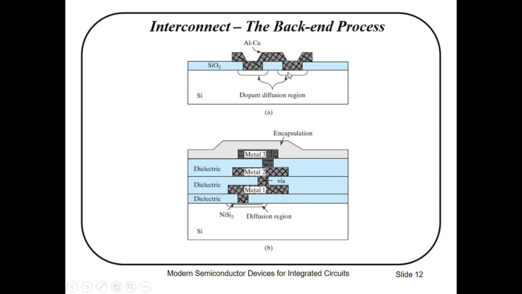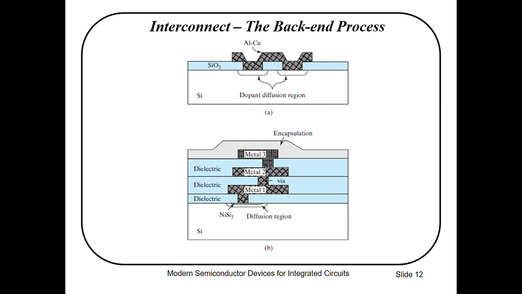So in figures 1 and 2, these are basically schematic drawings of device interconnects. Here in figure A we have a basic metallization example, and in figure B we have a multi-level metallization structure.